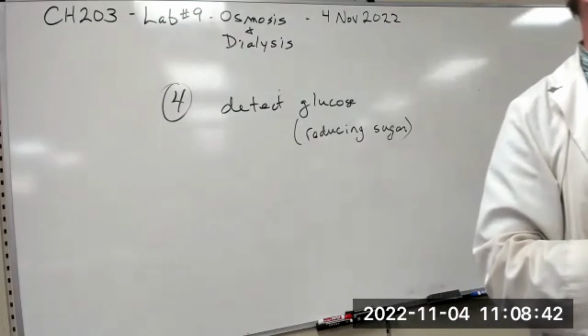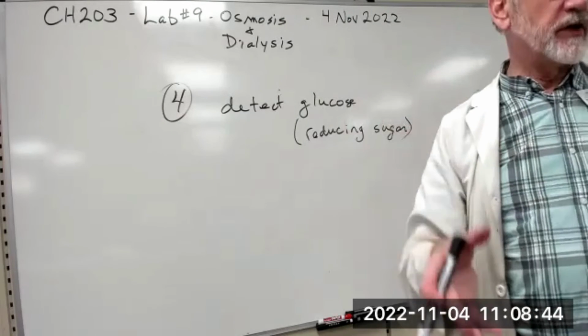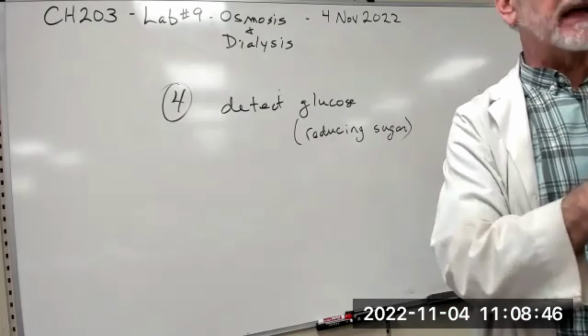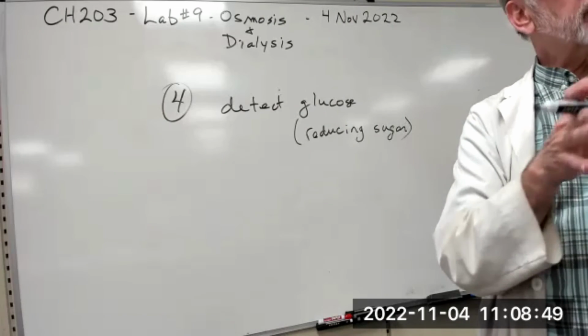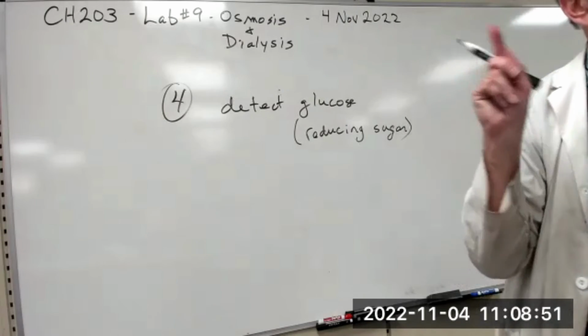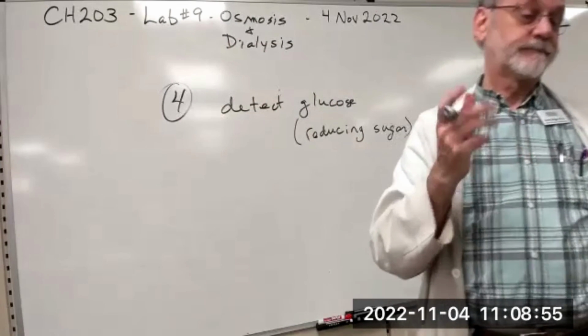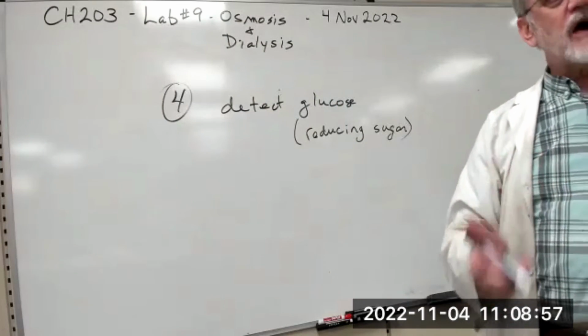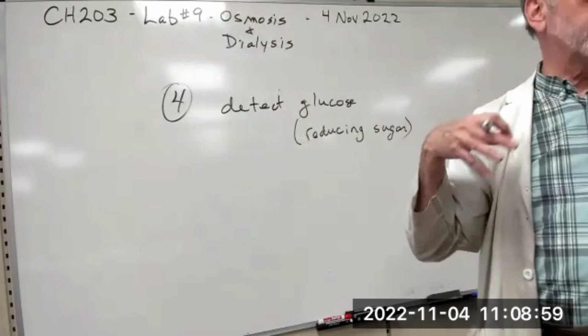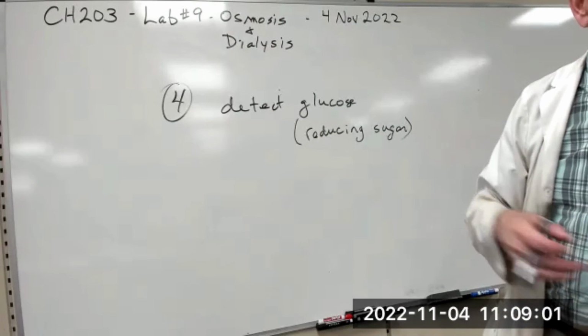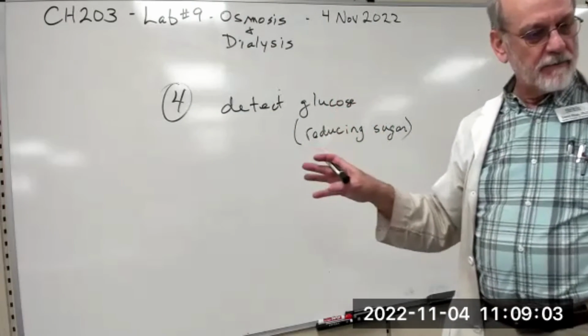A reducing sugar is something that will reduce a compound. And we haven't covered that yet, but in chemical terms, reduction means it transfers electrons to something. It reduces it. As opposed to oxidize it, where it takes electrons from it. So that's Benedict's solution.